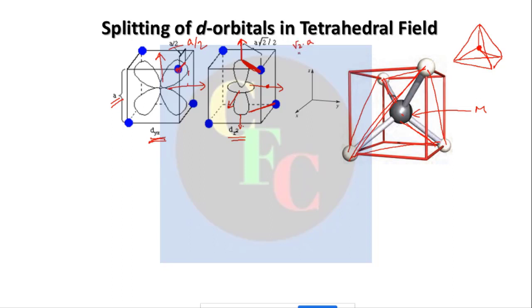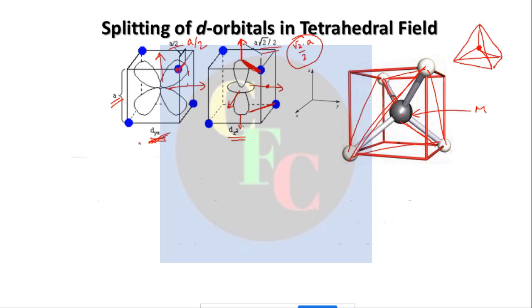So it is half of root 2 a, which is larger than a by 2. That means the orbitals xy, yz and zx are closer to the ligands than the dz square and dx square minus y square, right? None of them is directly facing, but this set is closer.